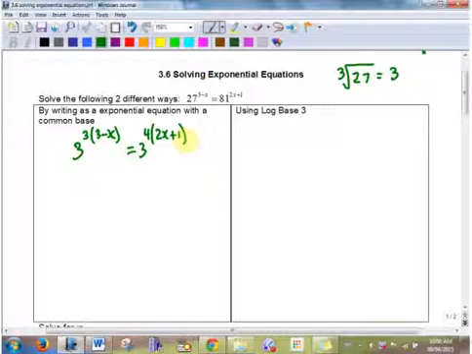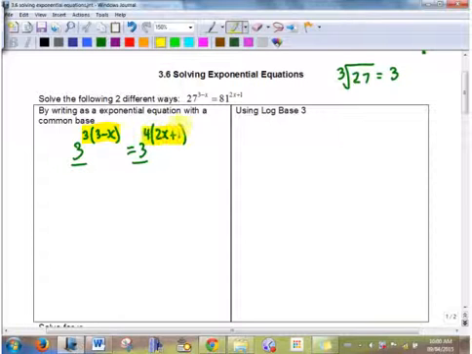So pure logic says 3 to the something equals 3 to the something, then that something must be equal to that something in perfect language. Okay? Right? If this is equal to that, and these are the same, then that's got to be equal to this.